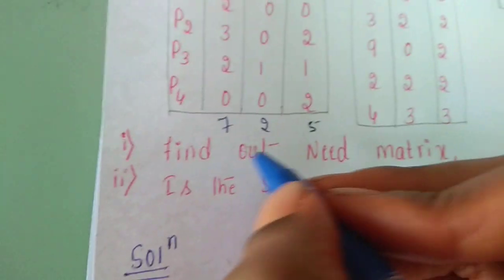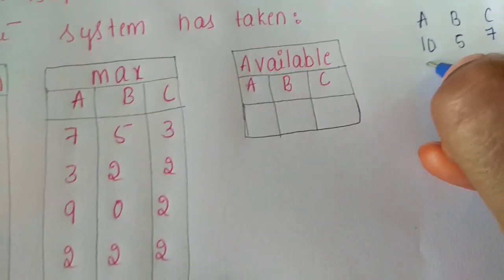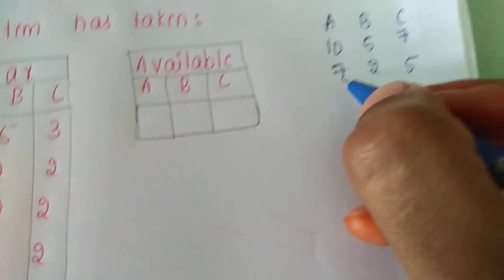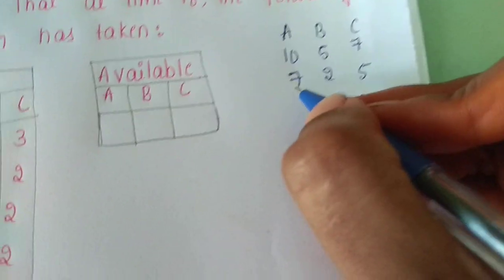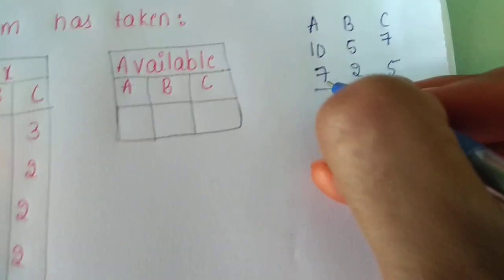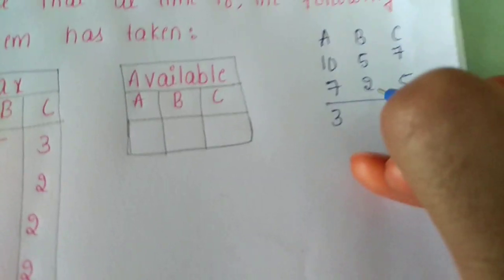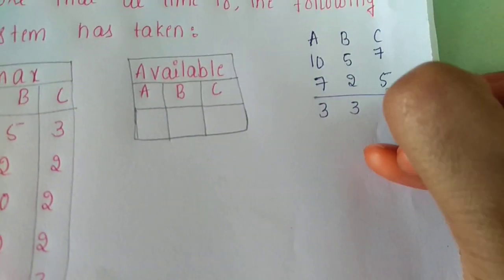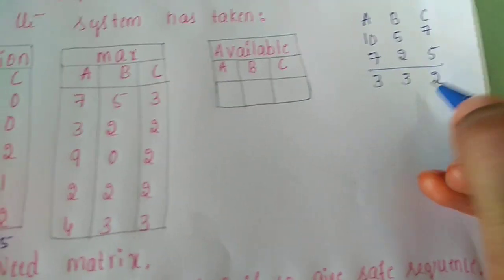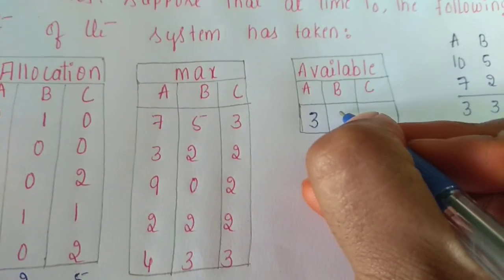After allocation, what is the sum? 7 2 5, these are all single numbers. You should not read it as 725. It is 7, 2, 5. You subtract this. 10 minus 7 is 3. 5 minus 2 is 3. 7 minus 5 is 2. So after allocation, the left out resources are 3, 3, 2.